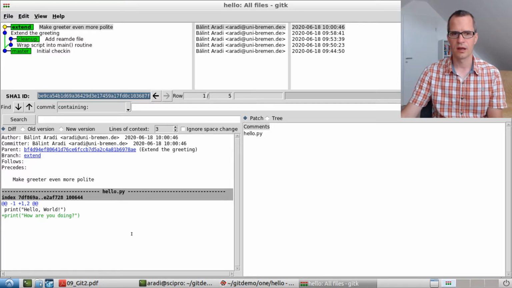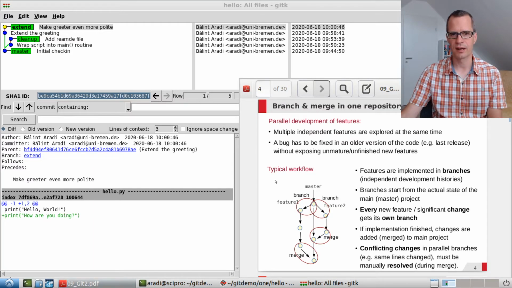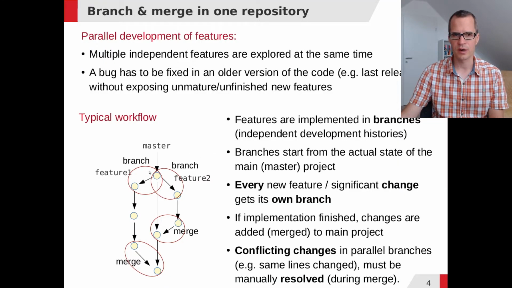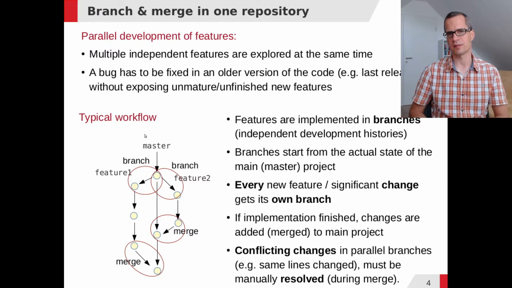So basically what I have achieved so far, if you are looking at this figure, is that I have the master branch, I have one feature branch where I implemented something, and I have a second feature branch where I implemented something. But if I check out master, none of those changes are visible.